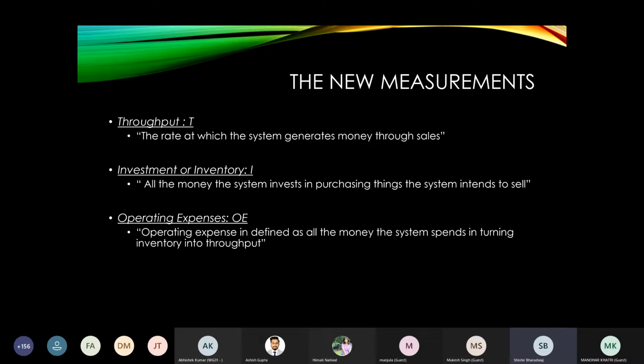There's nothing called consumables and things like that. Very simply put, all the money that the company spends. The cost of raw material, naturally, goes into the cost of inventory. Everything else comes into operating expense. What does it do? It just makes sure that we're looking at the system as a whole, not as departments. Now, the beauty of this measurement is what lies ahead.